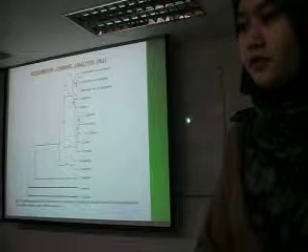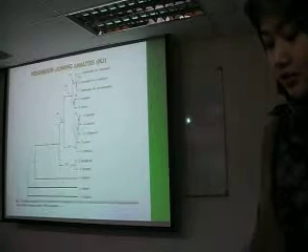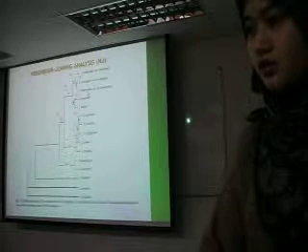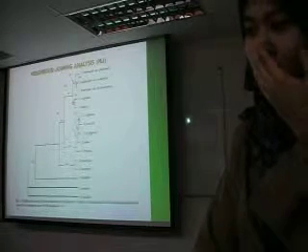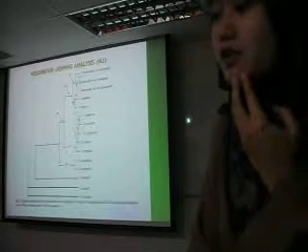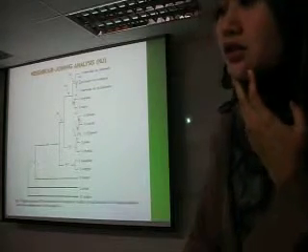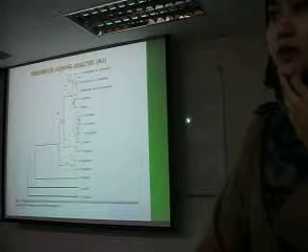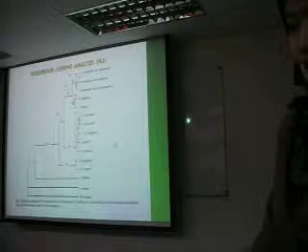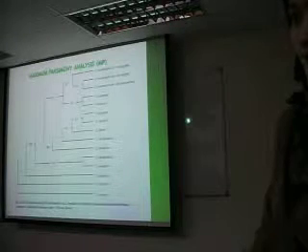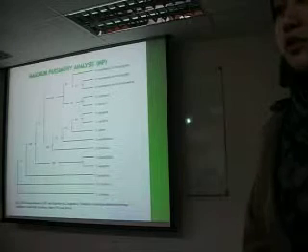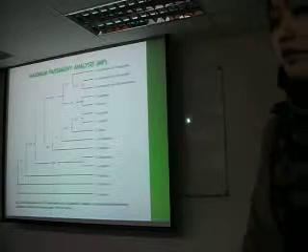Here is the diagram for neighbor joining analysis. You can see the tree and the bootstrap values here are very high, most of them are 100. Here is the tree topology for maximum parsimony analysis.